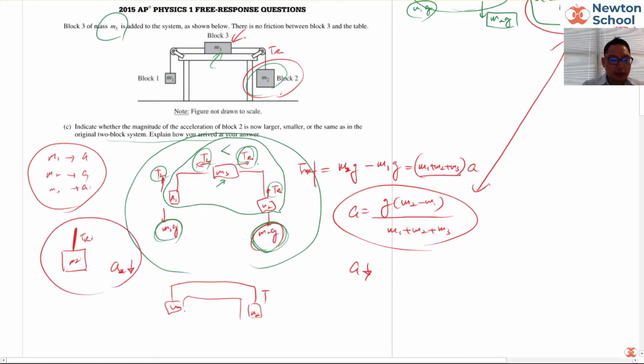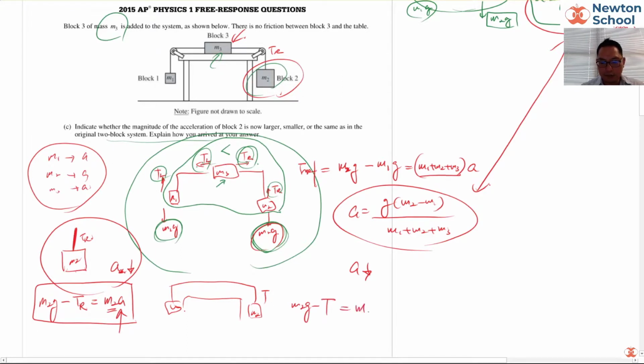Because I know the acceleration of this guy is smaller, the net force here is M2G minus TR equals M2A, the new acceleration of mass 2. Originally you have M2G minus tension T equals M2A. That was the original case. But because you added a third mass, this acceleration gets smaller. That means TR is actually bigger than T, because TR has to be bigger than T; that's why acceleration is reduced compared to the original case.